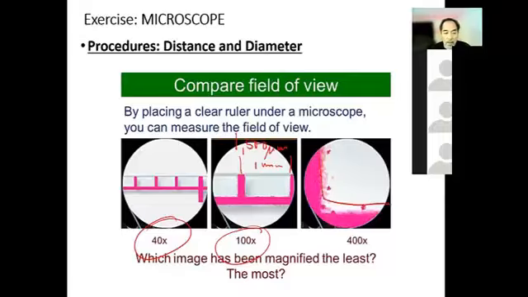At 400x, I see just about 3/4 of a millimeter, about 0.75 millimeter, equivalent to 750 micrometers. So the more magnified the field, the smaller the field of view becomes, but the specimen becomes magnified. That's how you study field of view.